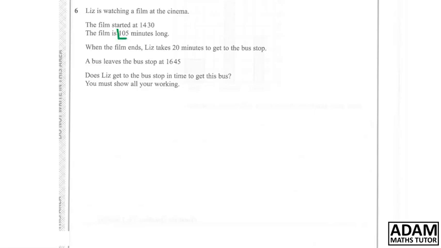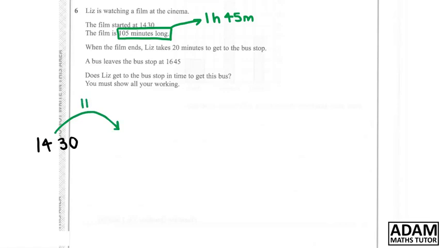So I think converting the 105 minutes into hours and minutes would be quite helpful to start off with. There's 60 minutes in 1 hour, which means that there would be a 45-minute remainder left over. If the film started at 14:30 and it took 1 hour 45 minutes, I can just start by adding on 1 hour, which would be 15:30.